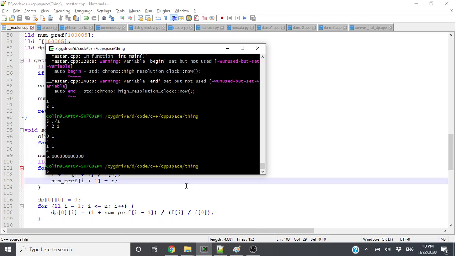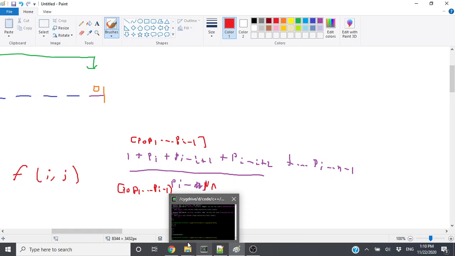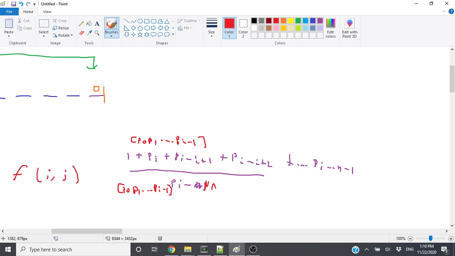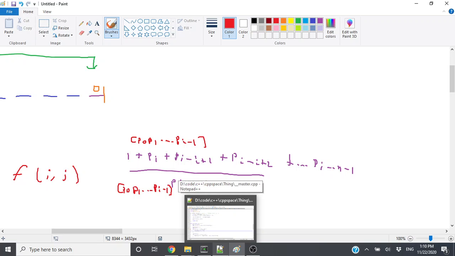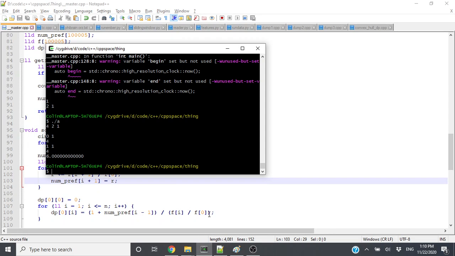I don't really understand what's happening. What's happening here? Why is this happening? This is 1/2 plus 1/4, I guess. 1/2 plus 1/4 plus 1.